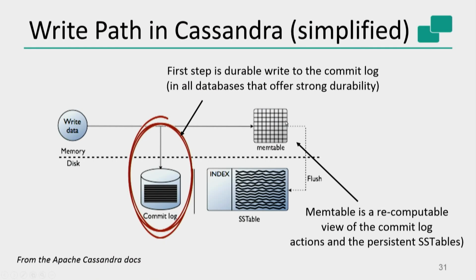But it's not a big deal because the mem table can always be recomputed using parts of the log and some other SS tables. Another important thing is that it's not considered durable before it has been replicated to a quorum of nodes. The costly parts are writing to the log and doing the replication.